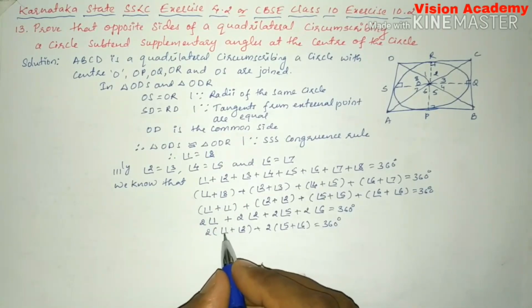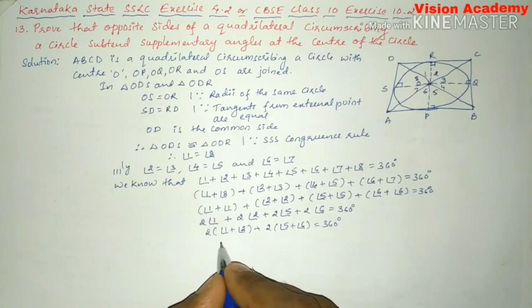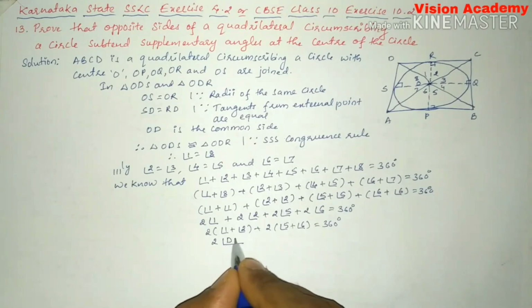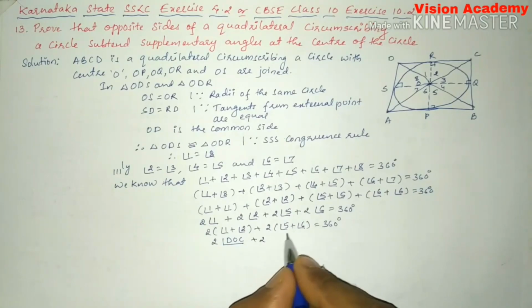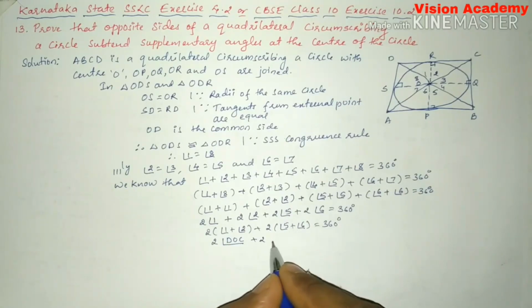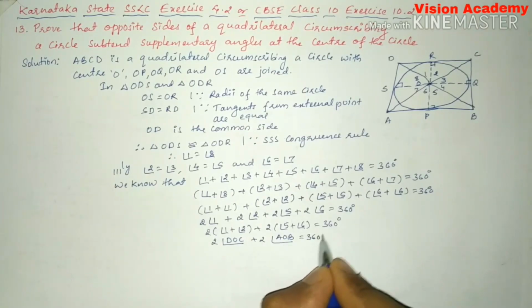Now we will write angle 1 plus angle 2 is DOC. So here we'll write 2 into angle DOC plus 2 into angle 5 plus angle 6 is angle AOB is equal to 360 degree.